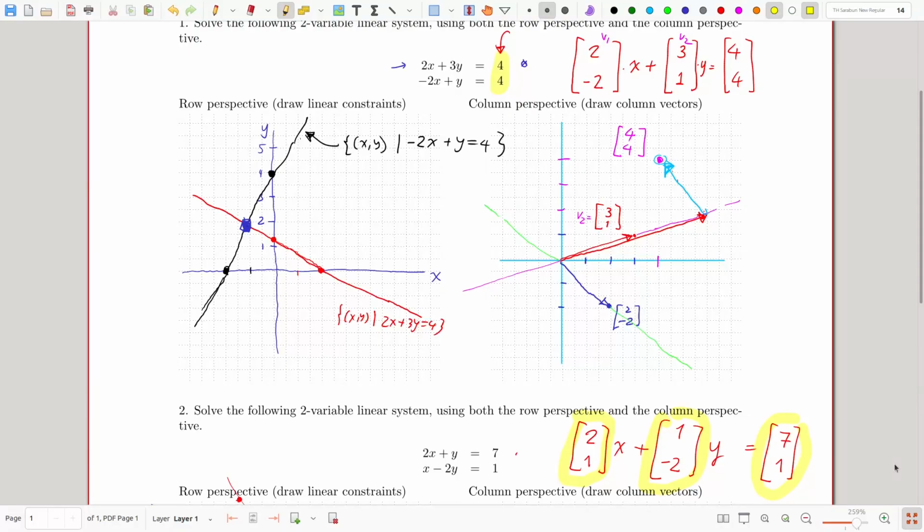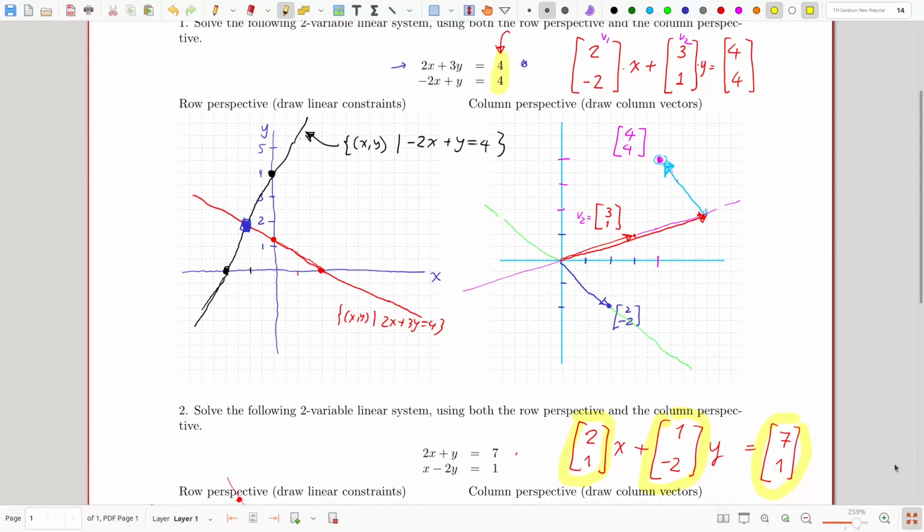You can think of them in either way you like. You can start with V2, or you can also start with V1. If you solely use V2, you can move along this line. Adding V1 gives you these directions. So if you want to reach this point, you move to somewhere here, and then follow V1 to this point.